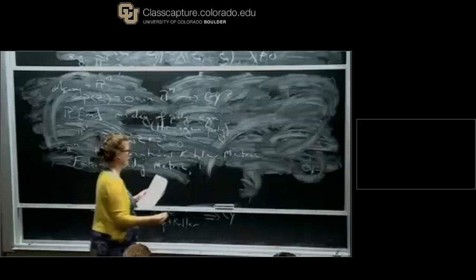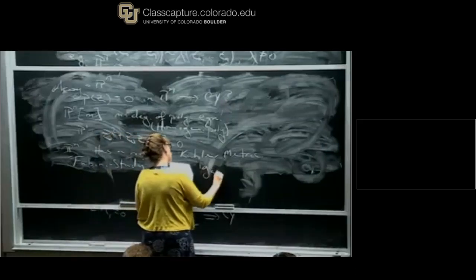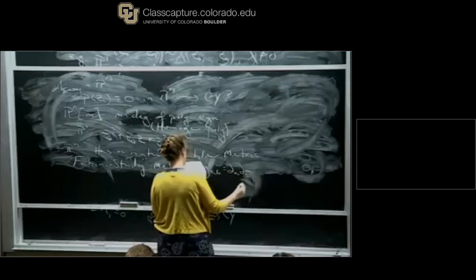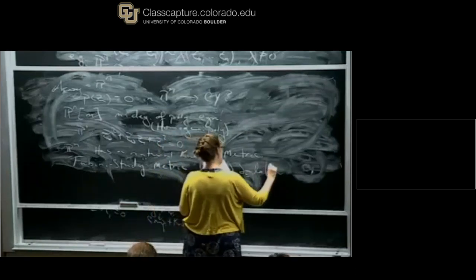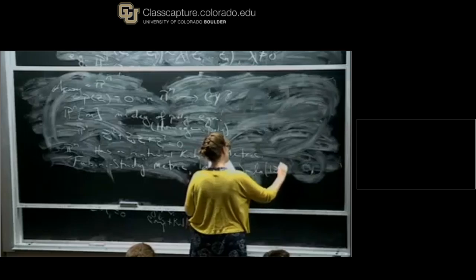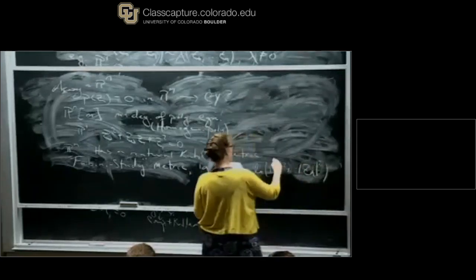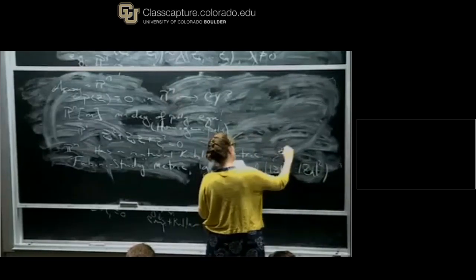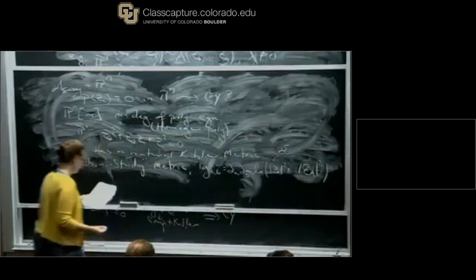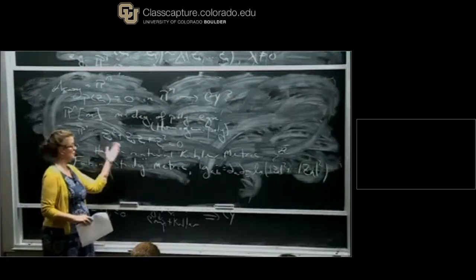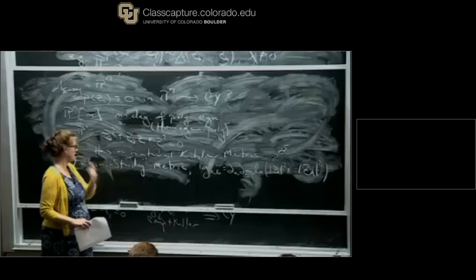And it has the following form. G a b-bar can be written as 2 derivatives, d_a d-bar_b, of the natural log of the mod squared of the coordinates z0 up to zn squared, where this mod squared is z z-bar terms to make this real. This metric is well defined and Kähler on any projective space. It makes sense as a good metric on projective space.